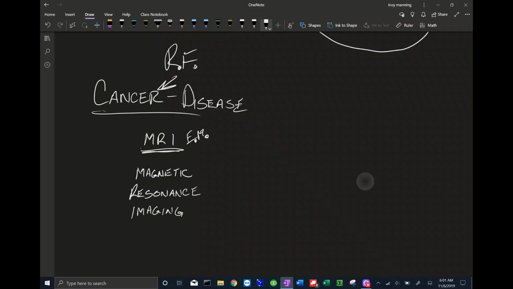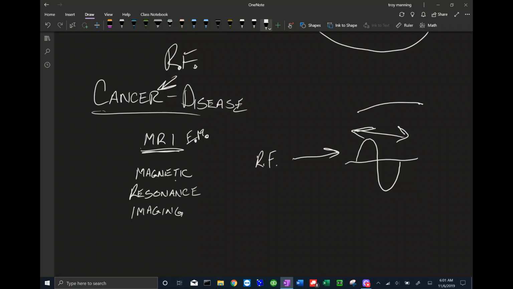So if I can take something and find its resonant frequency and hit it with that RF frequency, the same frequency. So if I send RF into something and say its size is just perfect for this wave to bounce back and forth, it'll add to each other and keep increasing its amplitude, right?